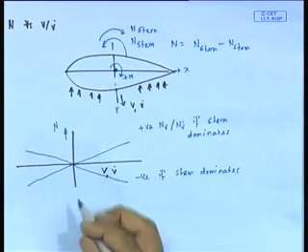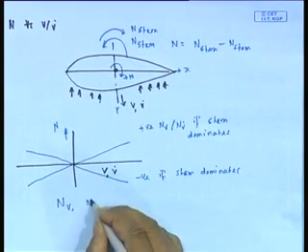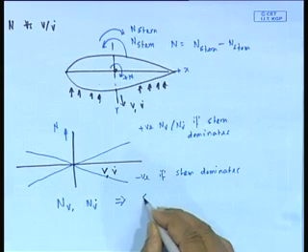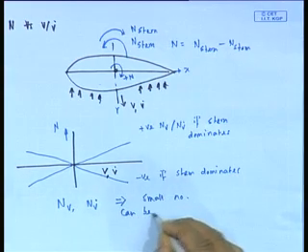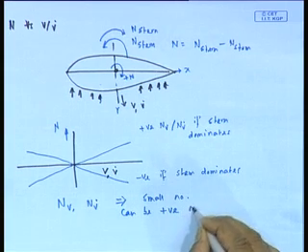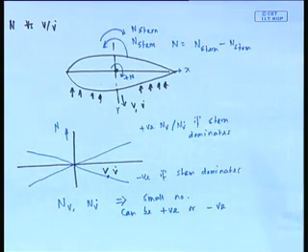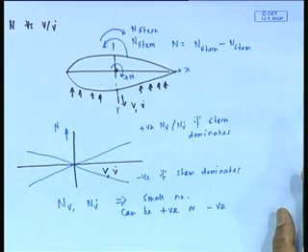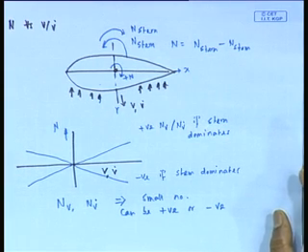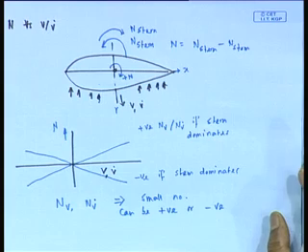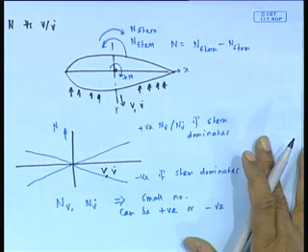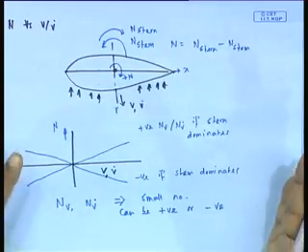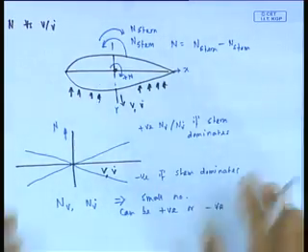So, the conclusion again: N v dot can be positive or can be negative. That is agreed, right. So, we end up having also this conclusion.